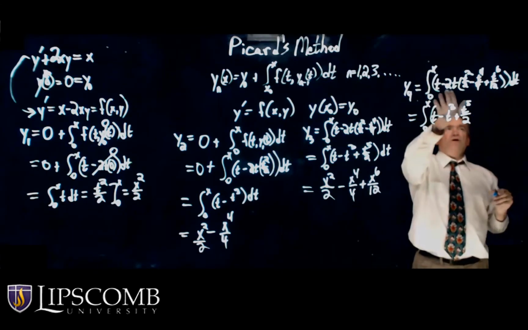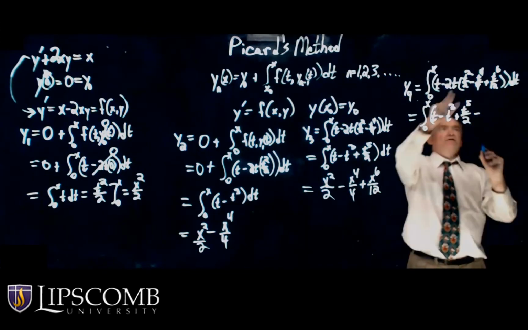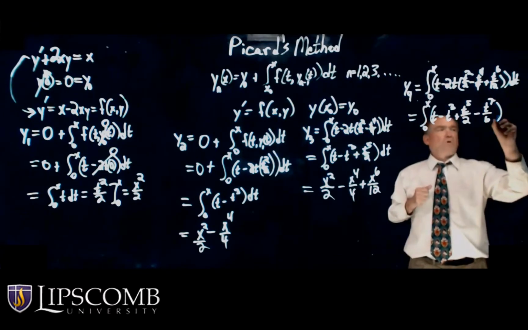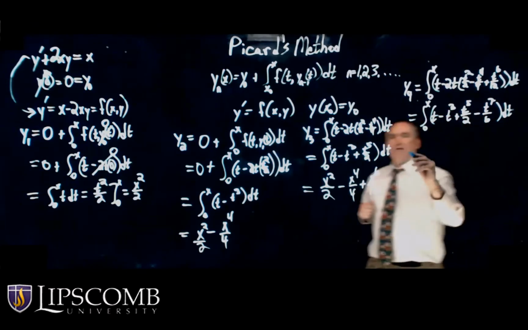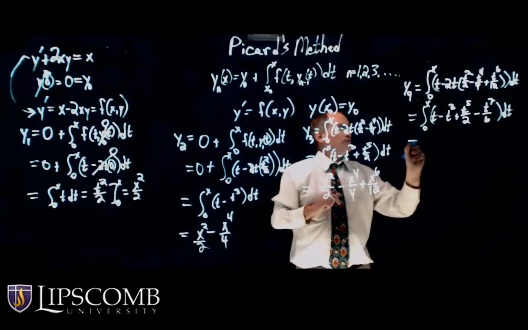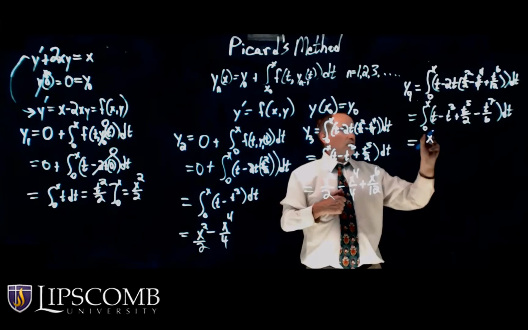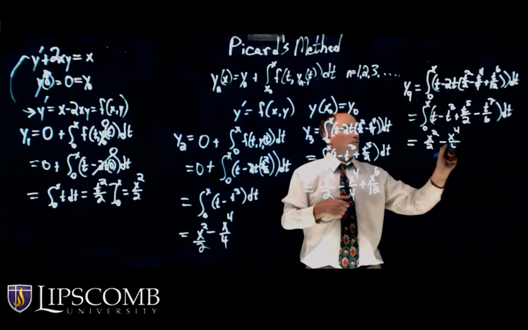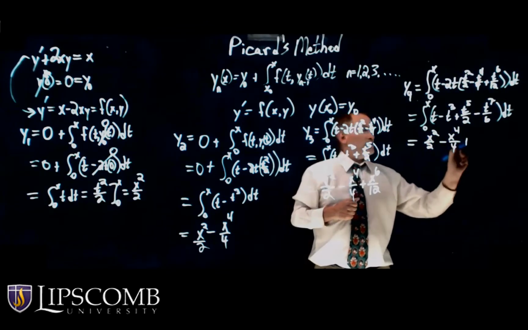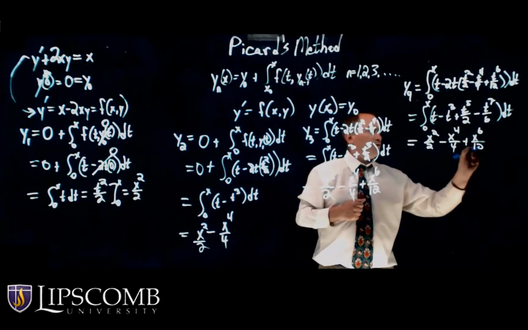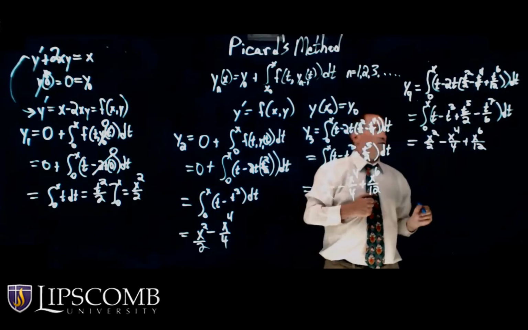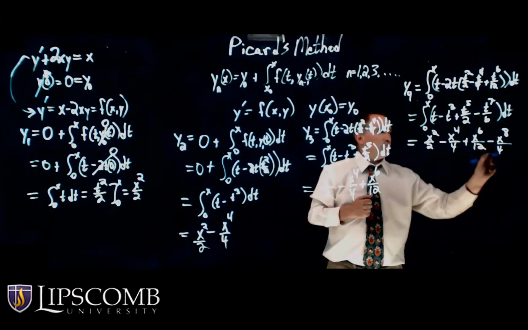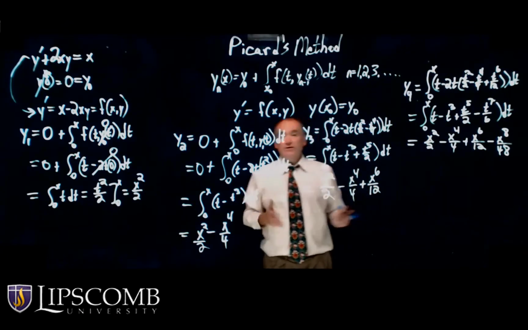Now this next one, I'm going to get a minus t to the 7th over 6, since 2 over 12 is 1/6. So now, let's integrate. I'm going to get x squared over 2, minus x to the 4th over 4, plus x to the 6th over 12, just like before. This time I'm going to get minus x to the 8th over 48, since 8 times 6 is 48. So that's my y sub 4.